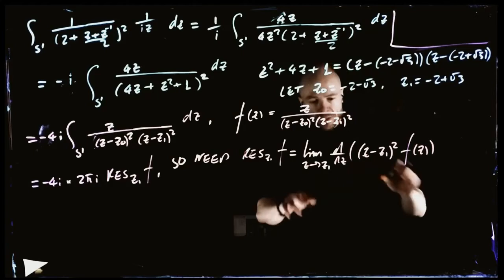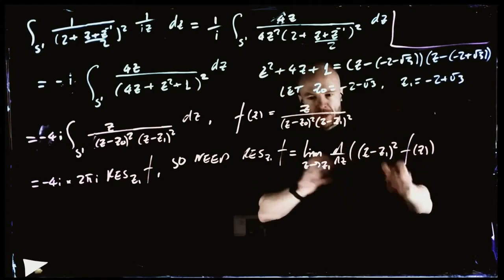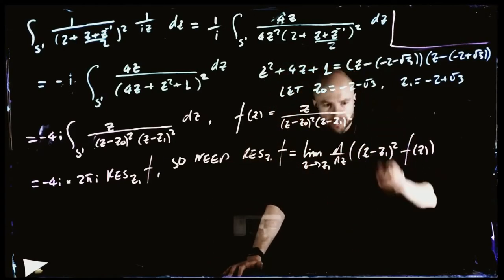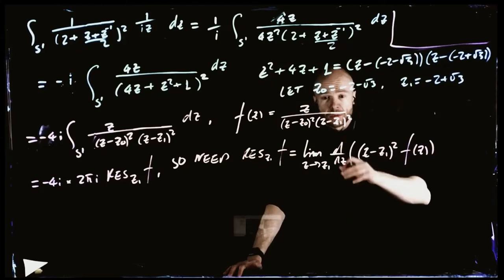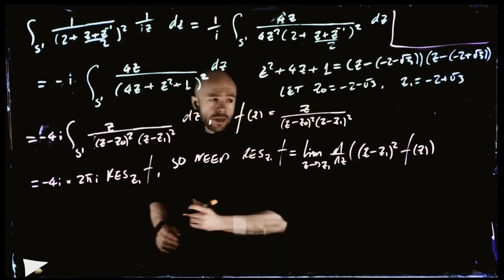And we would be dividing by n minus 1 factorial, but n is just equal to 2. So n minus 1 is 1, 1 factorial is 1. So we don't have to care about this. So this is the thing we actually have to calculate. Cool. All right, so let's take a look at this.